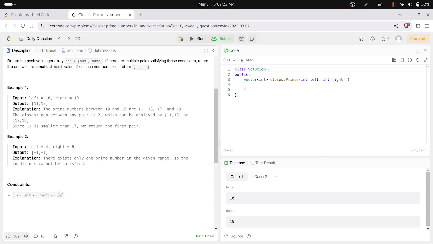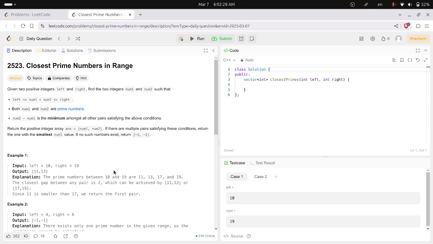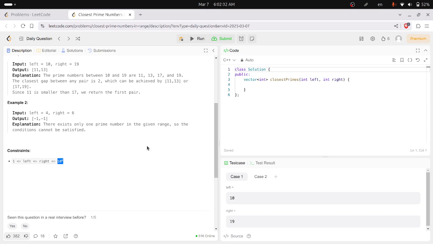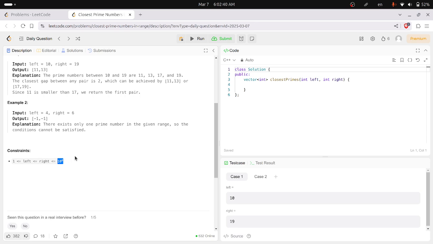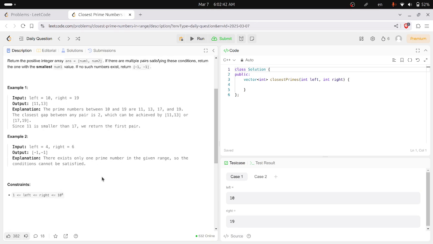So as we can see that we are given a constraint of 10 to the power 6, we can easily find the solution in O of n, not really O of n, but like O of n times the square root of n, which is still fine. Is it?